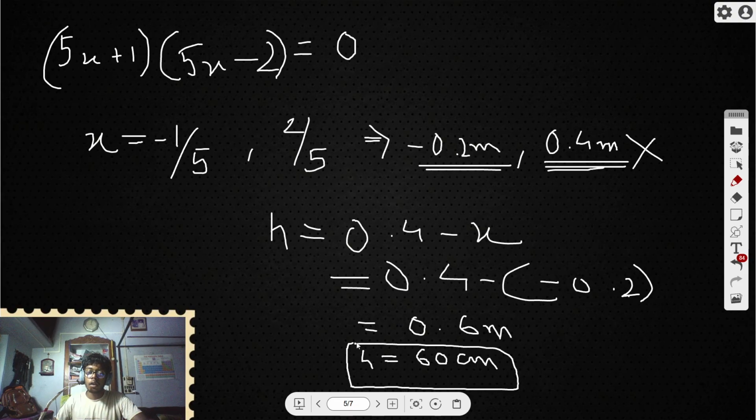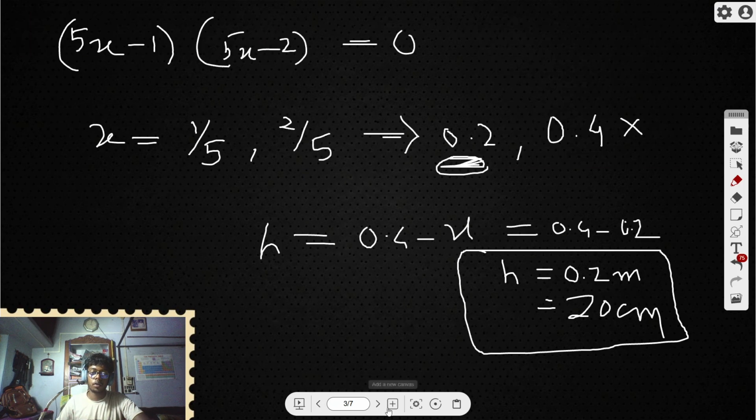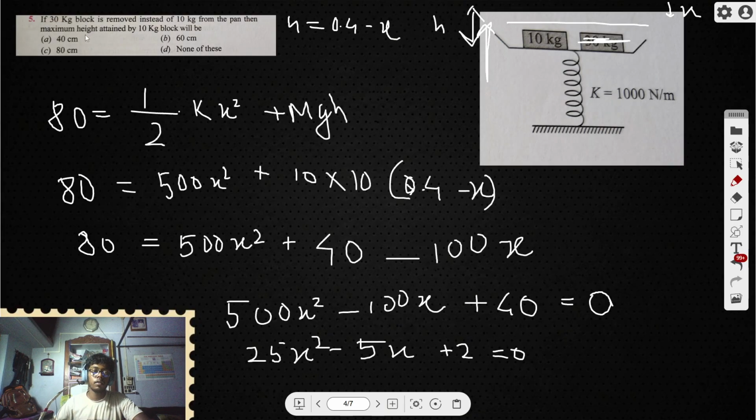When the 30 kg block is removed, the rise in height of the 10 kg block is 60 centimeter. If we see the options, in this option, if the 30 kg block is removed from the pan, then the maximum height of the 10 kg block will be 60 centimeter. So option B is correct.